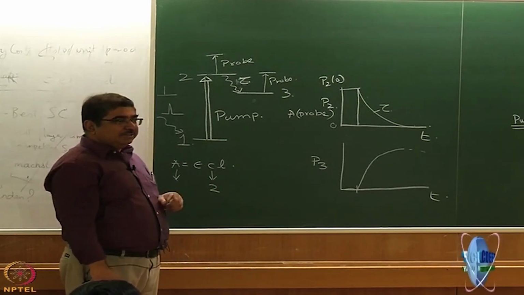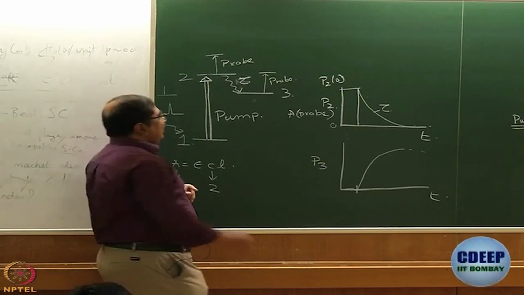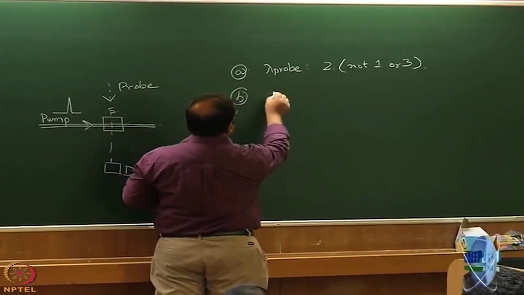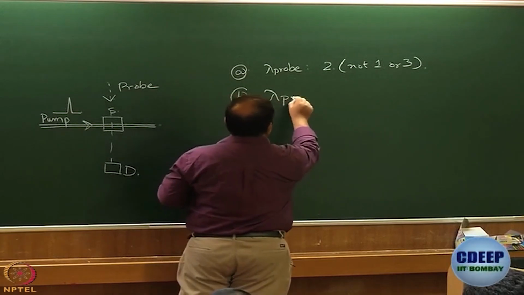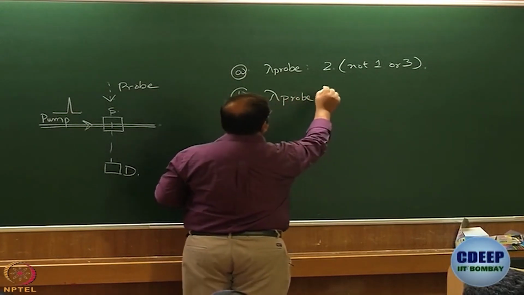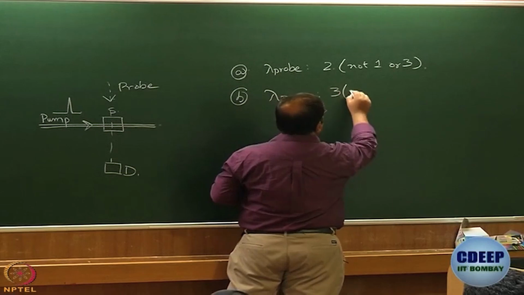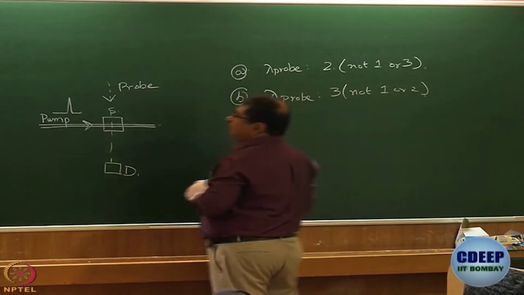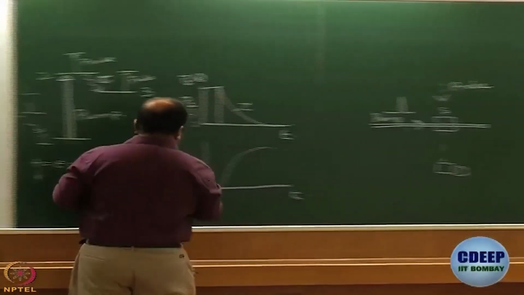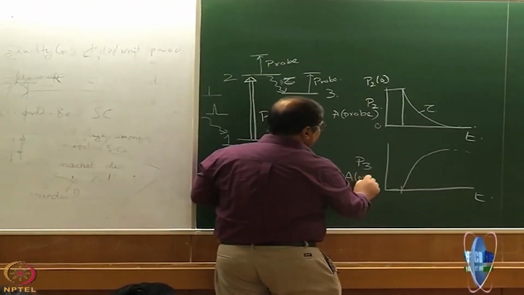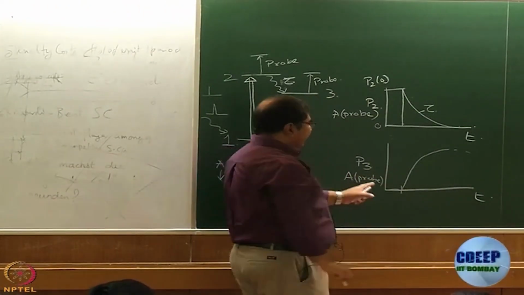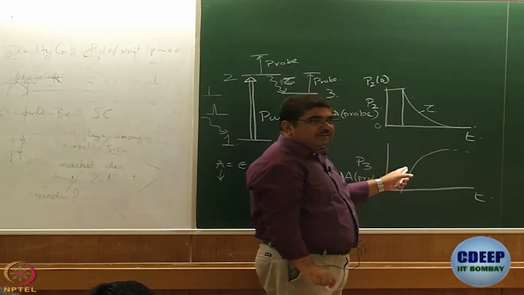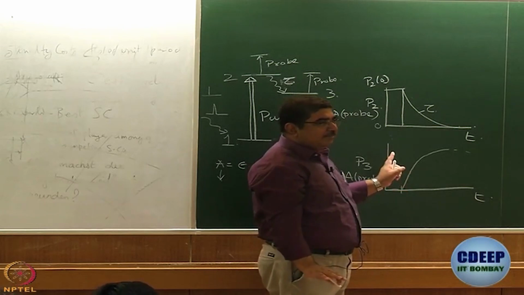Na divided by 1000. Similarly, if I take case B, well, the wavelength of the probe light is such that it is absorbed by 3, not by 1, not by 2. Then what will happen? The absorbance of probe will exactly follow the same shape as this one. Clear?